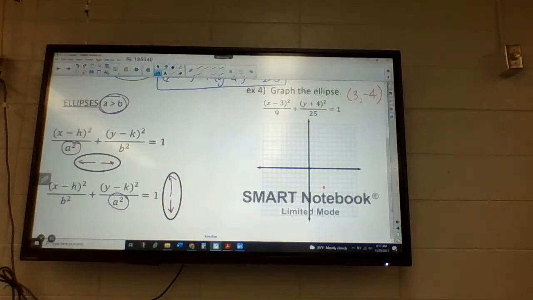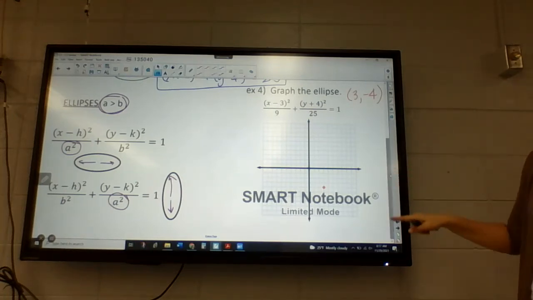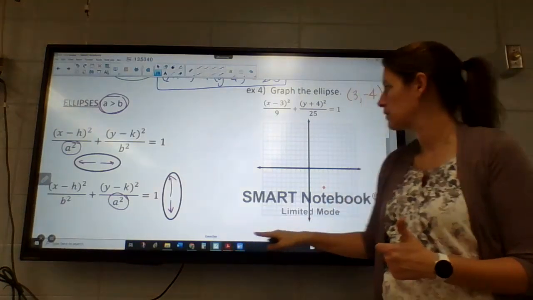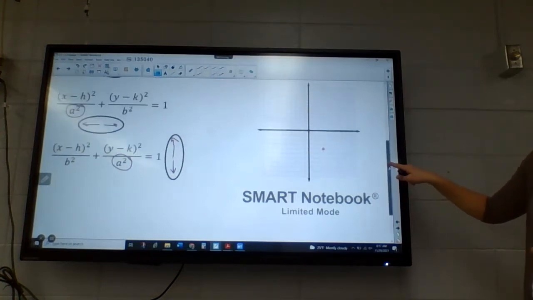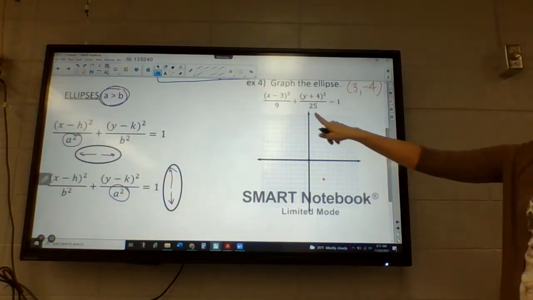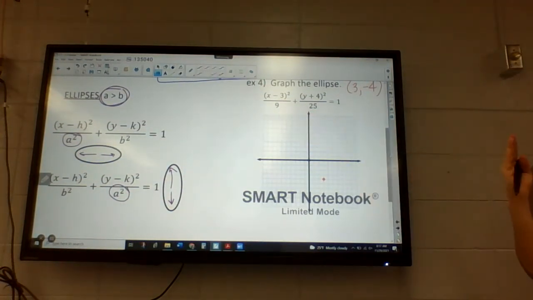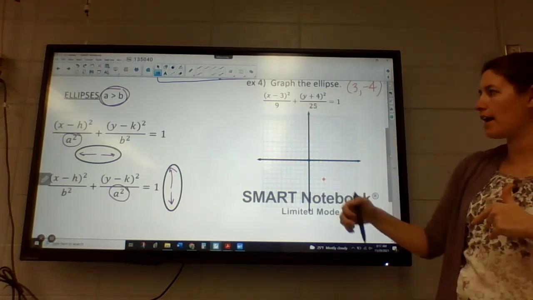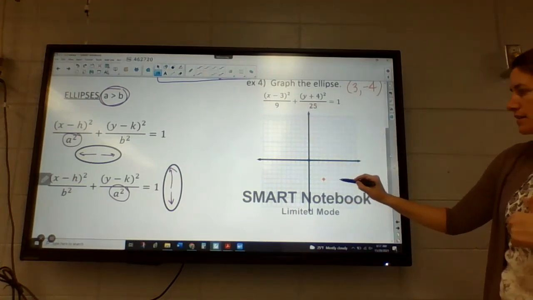And then again, reminder that with our ellipse, we go out in each direction. I will talk about the foci with this as well, just to remind you of that rule. So in the x direction, we're going out 3, because it's the square root of that b squared, so out 3.